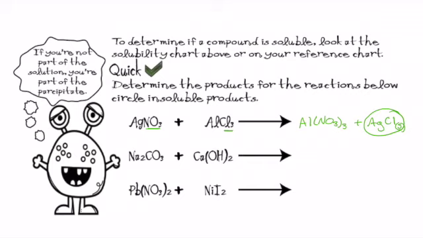Next one, we have sodium carbonate and calcium hydroxide. So they switch partners. So we have sodium hydroxide and calcium carbonate. Carbonates are generally insoluble. Answer the last one on your own.